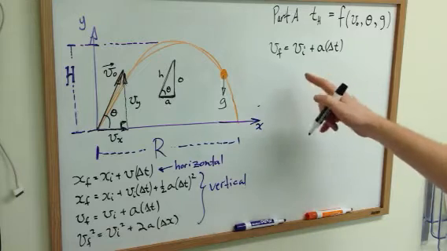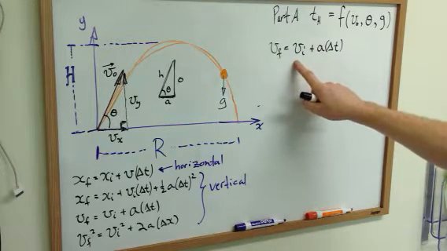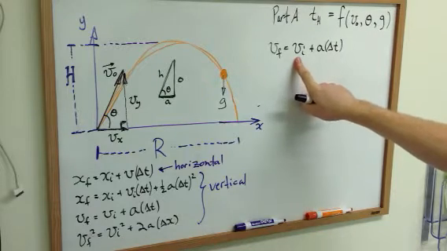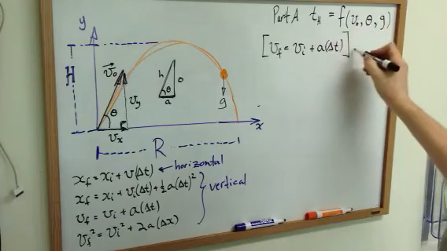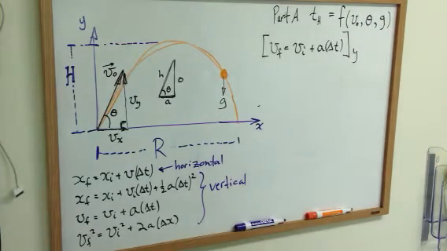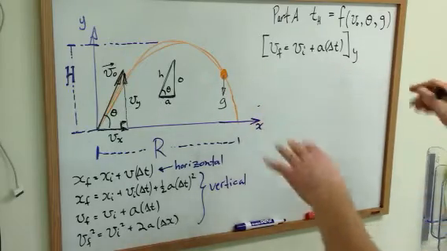So if my kinematic equation is asking for the initial vertical velocity, I need to appreciate that this is in the y direction. Let's remind ourselves, I'm just going to put a bracket around there and say this is in the vertical direction.